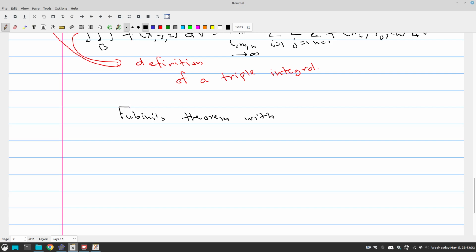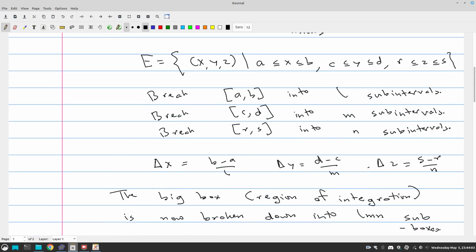So if you want to evaluate the integral over box B of f of x, y, z dV, this is actually equal to, remember our limits were a to b for x, c to d for y, and r to s for z.